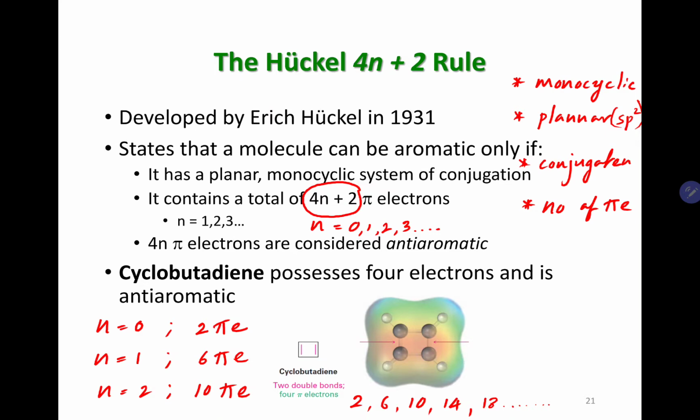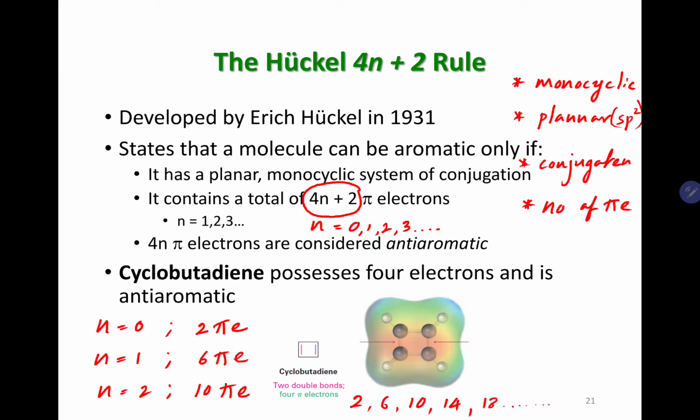So let's revisit the Huckel rule. According to Huckel's rule, a molecule could be considered an aromatic compound if it has a monocyclic ring which is planar, and it should have a certain number of pi electrons that will fit one of the solutions for 4n+2.